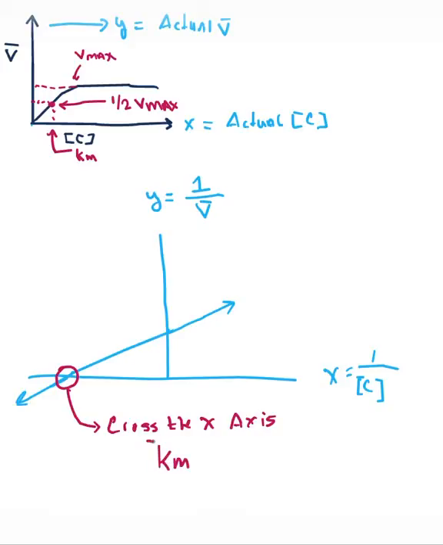That is a way of looking at the Km value. Well, that's pretty handy. So where this crosses the x-axis, that's going to be my Km value there.